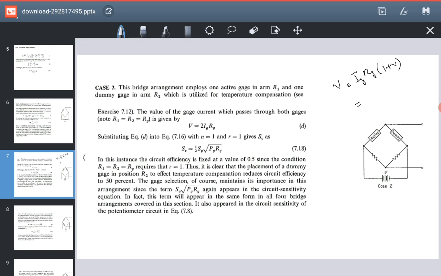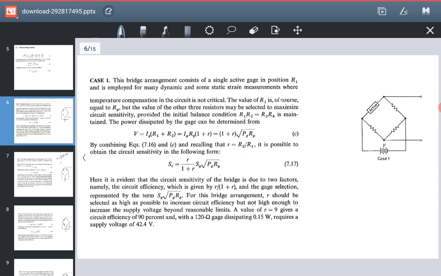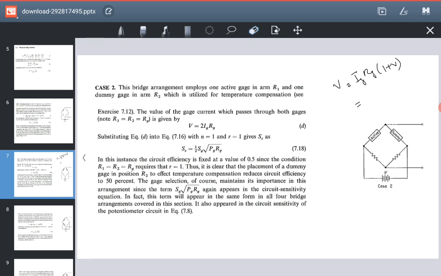So V is equal to Ig (R1 plus R2). Both R1 and R2 are equal to Rg, so it will be equal to 2 Ig Rg.